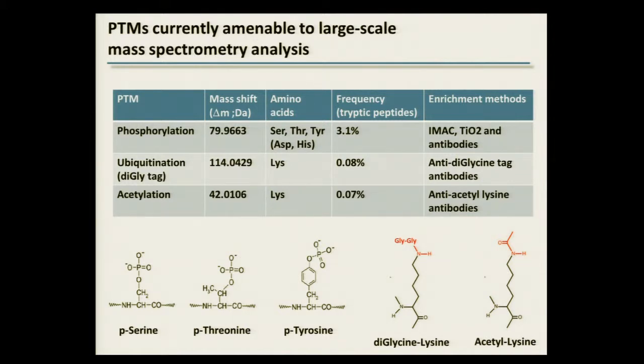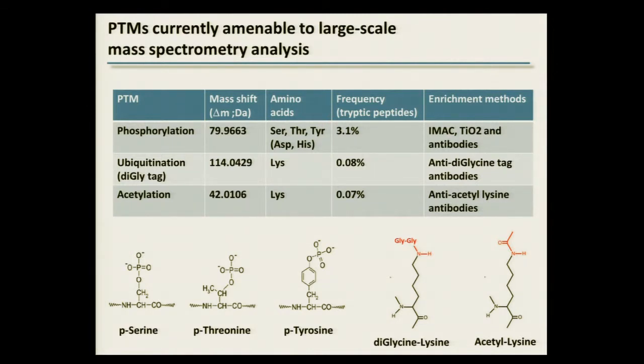So, for example, phosphorylation adds 80 Daltons to peptides. Ubiquitination adds a diglycine tag that adds 114 extra Daltons to peptides, and this diglycine tag, as you see later, is generated after a tryptic digest. And acetylation gives us an extra mass of 42 Daltons.